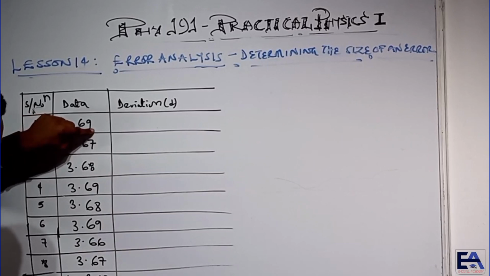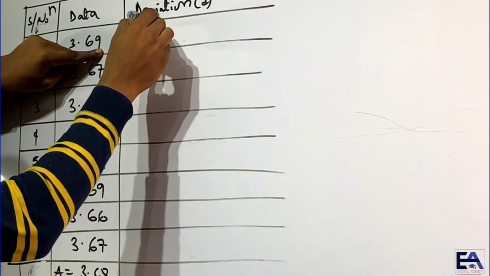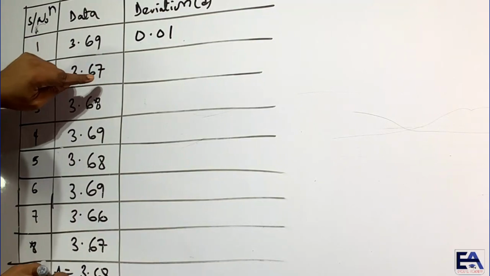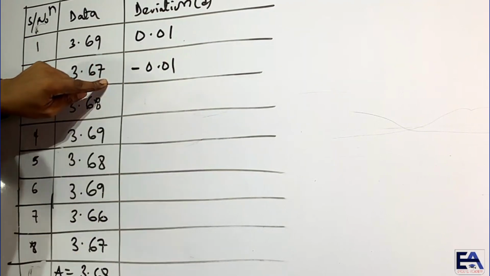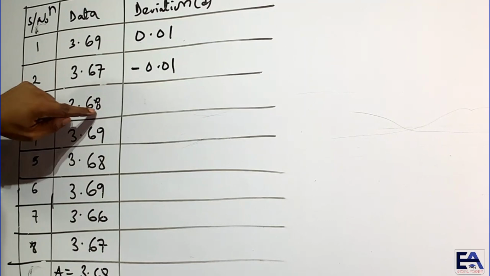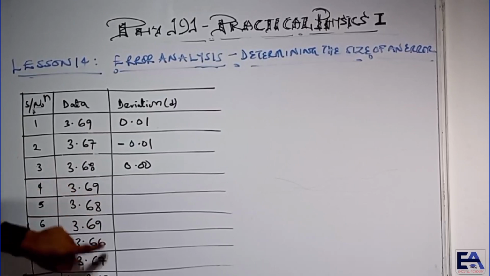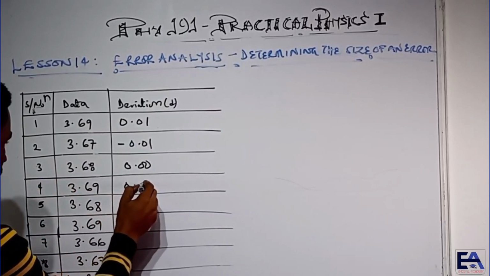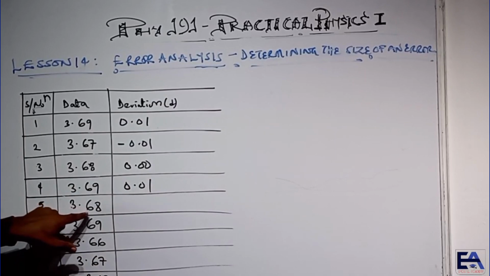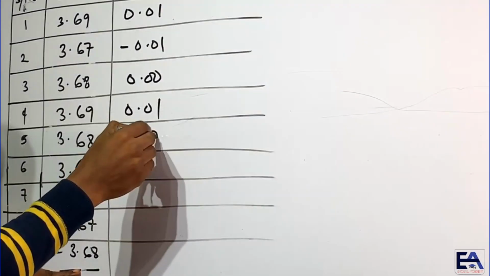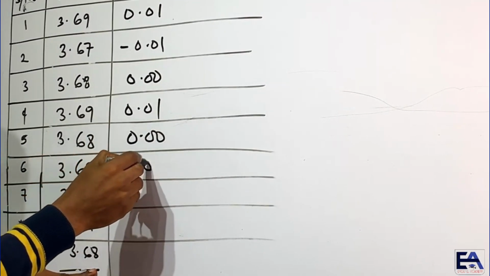3.69 minus 3.68 is going to give us 0.01. 3.67 minus 3.68 is going to give us minus 0.01. 3.68 minus 3.68 is 0.00. 3.69 minus 3.68 is 0.01. 3.68 minus 3.68, 0.00. 3.69 minus 3.68, 0.01.